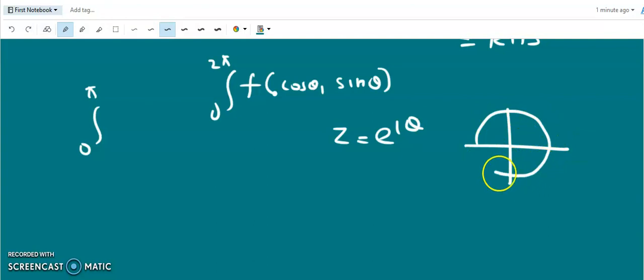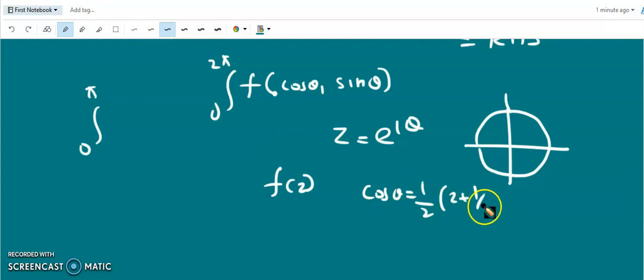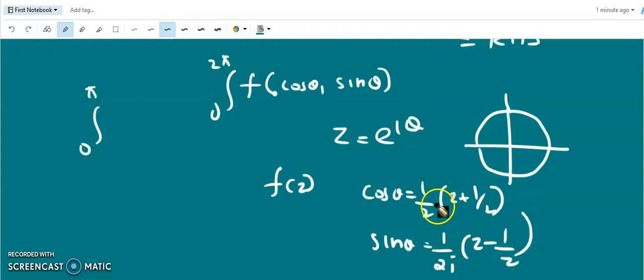So first we convert these integrals as a function of z by substituting cos theta as 1/2 (z plus 1 by z) and sin theta as 1/2i (z minus 1 by z). And cos 2 theta, sin 2 theta, etc. can be converted in terms of z square, etc. and 1 by z square, etc.